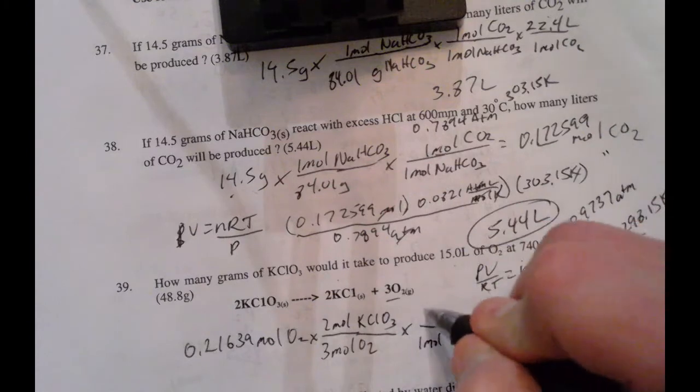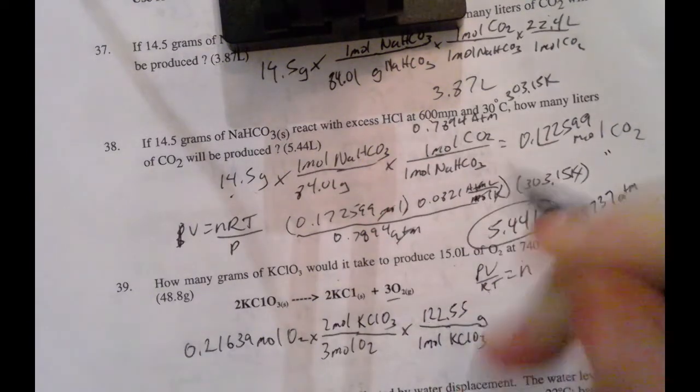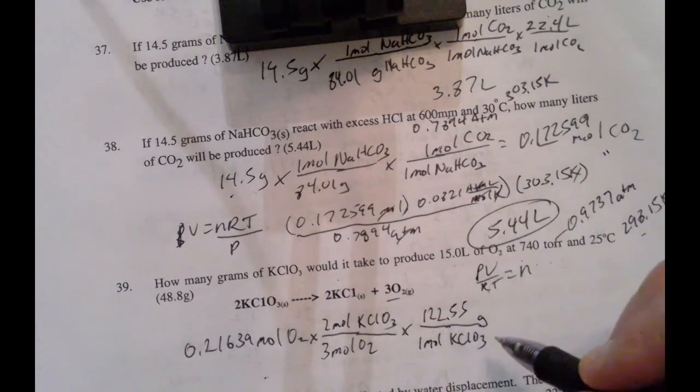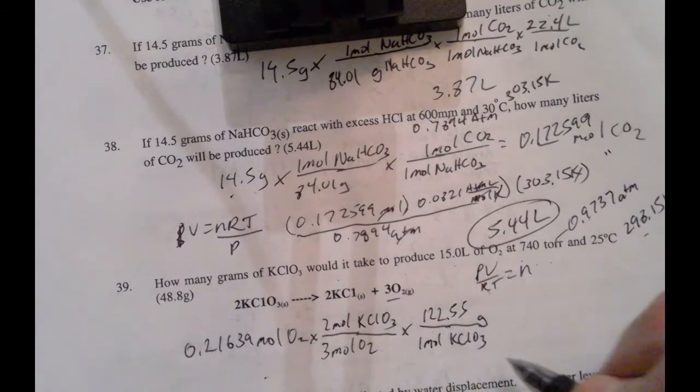It's 122.55. So 0.291639 times 2 divided by 3 times 122.55. The answer is about 23.8269.